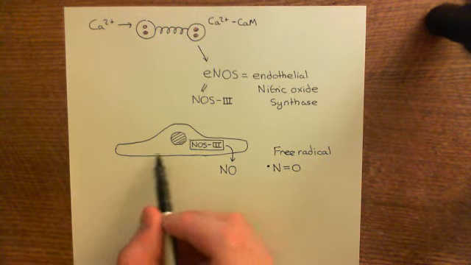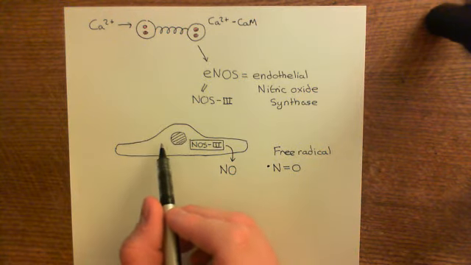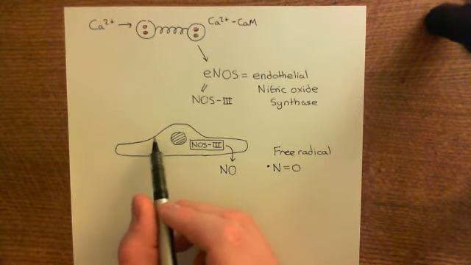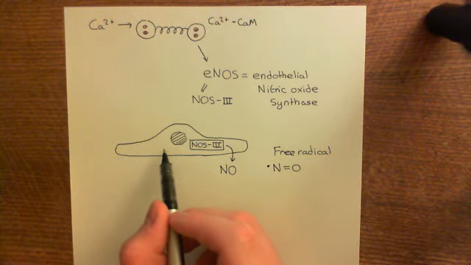into the cytoplasm of the endothelial cell. This release of calcium does two things. One, it activates cellular phospholipase A2, which then breaks down phosphatidylcholine molecules in the cell membrane into lysophosphatidylcholine and also arachidonic acid.